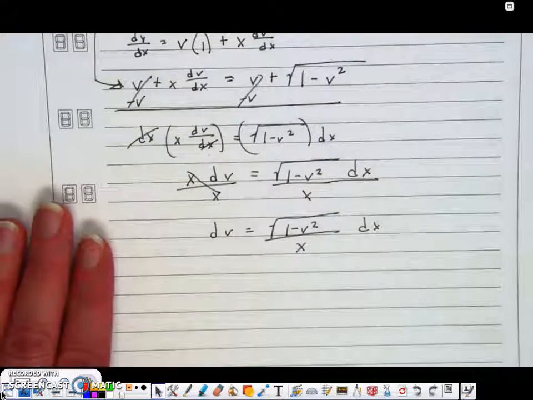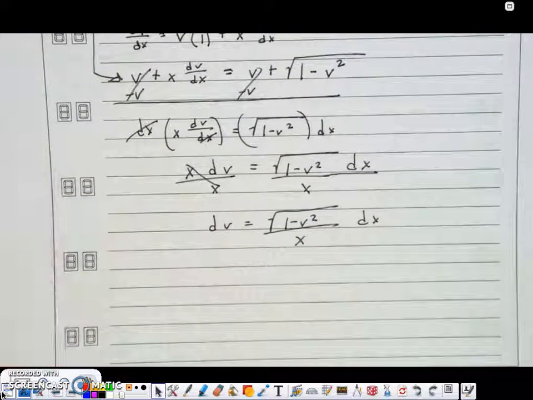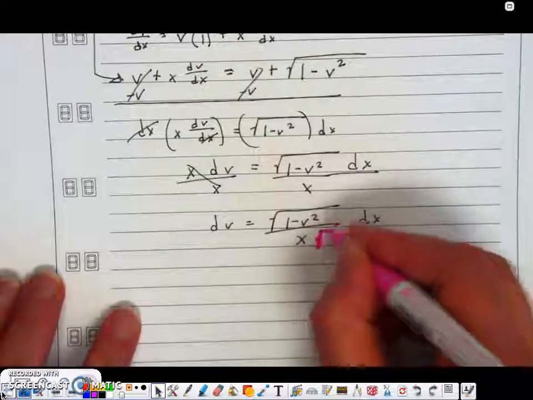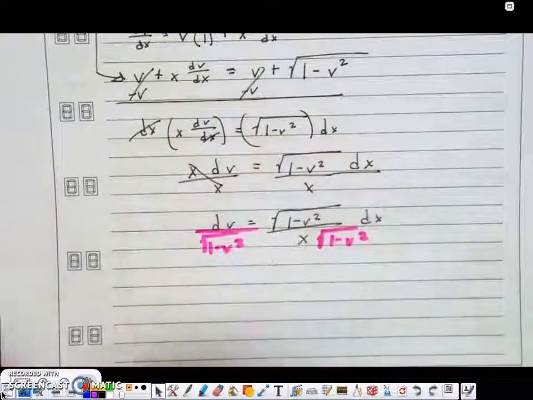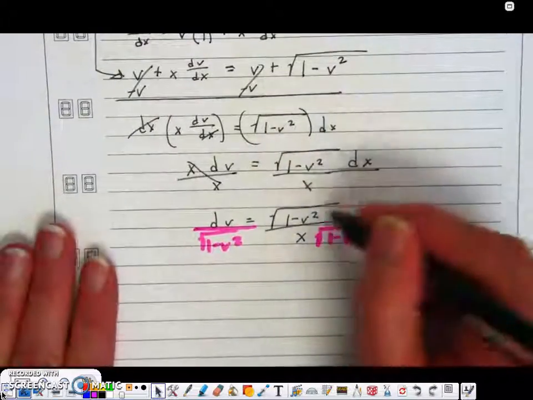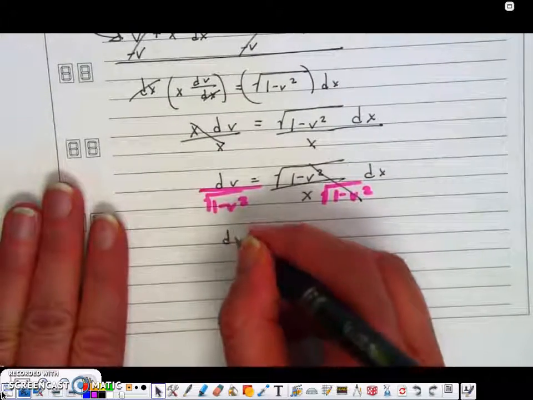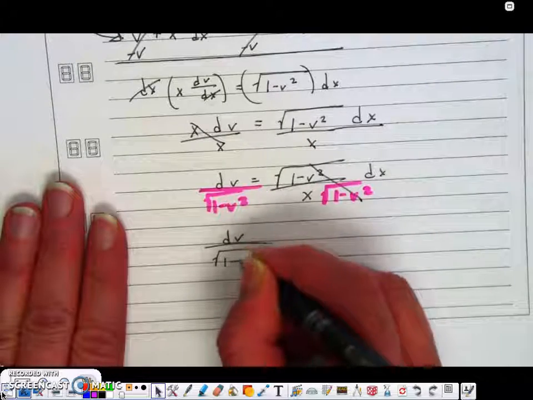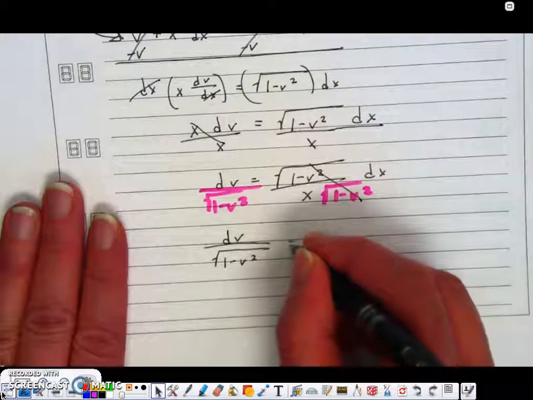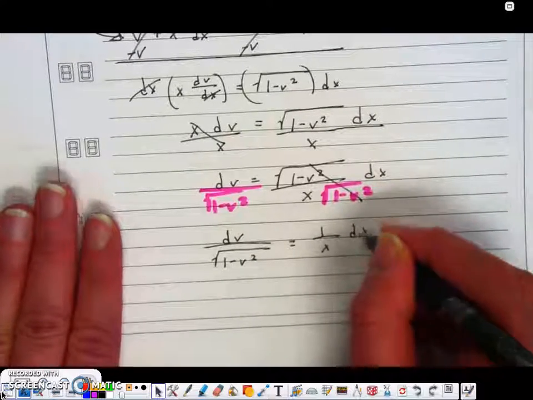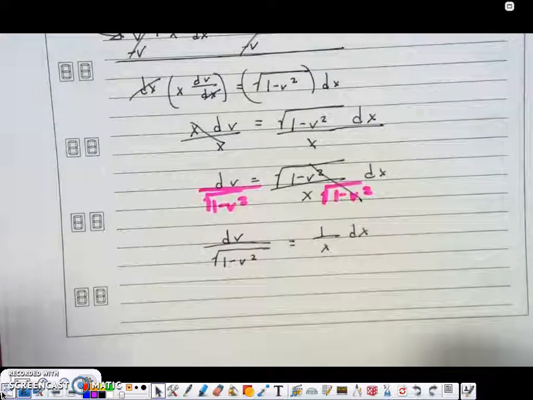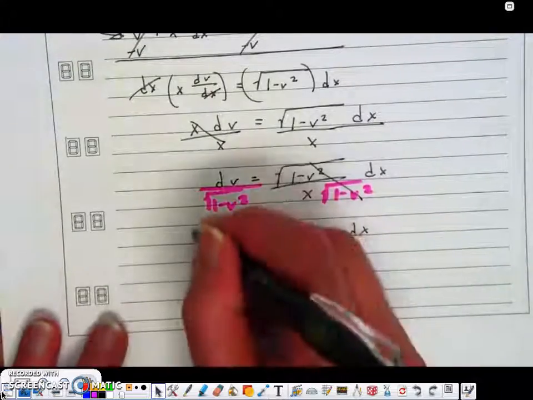So we're going to do that by dividing both sides by the square root of 1 minus v squared. Okay, so this is going to cancel. So we have dv over the square root of 1 minus v squared equals 1 over x dx. Okay, now you've got your variables separated. The next thing you're going to do is integrate.